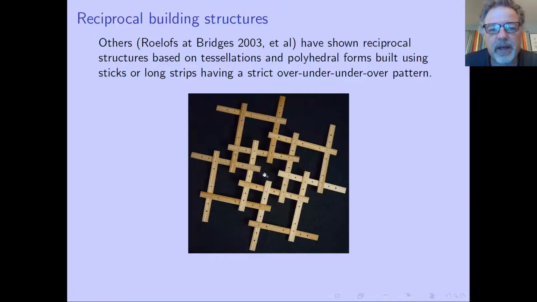Now this kind of reciprocal process where we have this kind of weaving of these strips is related to work that was done by Rinus Roelofs at Bridges 2003 and others since then. But we can see an example of that here, where I have this ruler just lying flat in the plane.